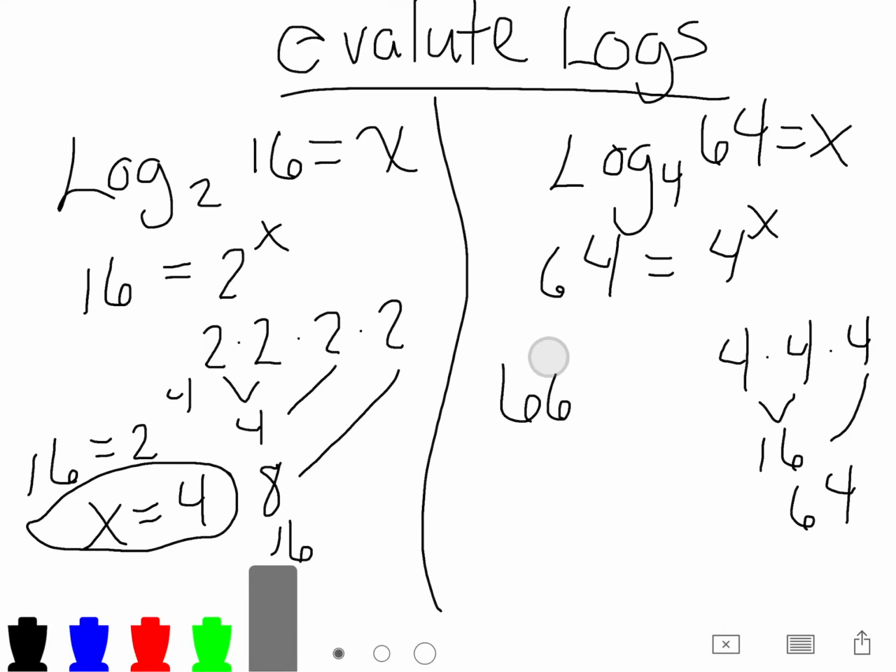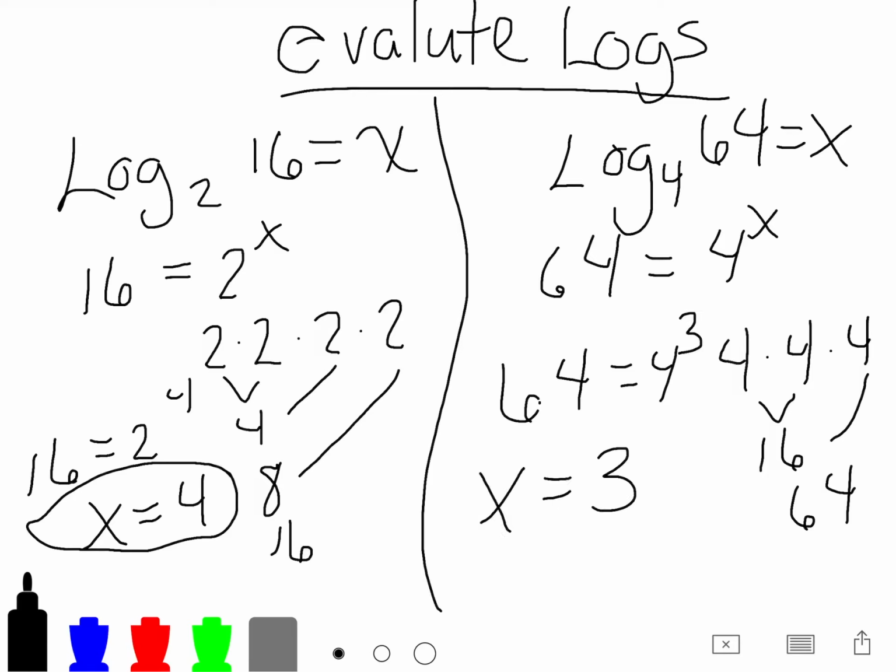So 64 equals 4 cubed, which means x is equal to 3. Okay? There's one more up there you could practice, and you can also search some other examples if you can't get onto Big Ideas. Big Ideas definitely gives you some practice. I'm going to put some worksheets up as well.